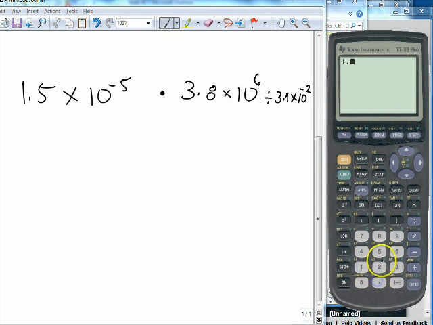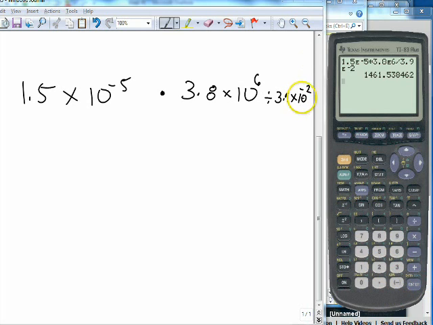So put 1.5, second function E, to the little negative 5, multiplied by 3.8, second function E, 6, divided by 3.9, second function E, little minus 2, and we have it.